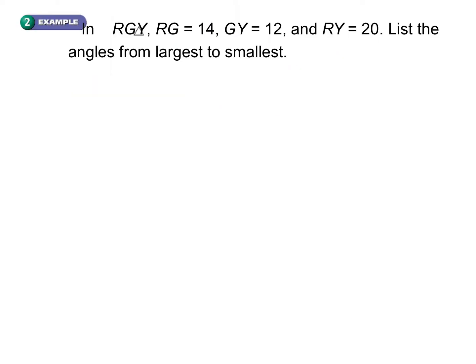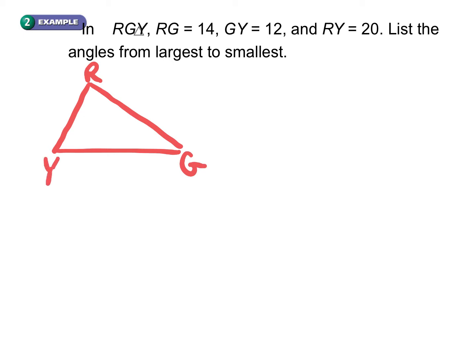So in this example, it says in triangle RGY, RG is 14, GY is 12, and RY is 20. List the angles from smallest to largest. So if I draw triangle RGY and I label RG is 14, GY is 12, and RY is 20, I first want to identify the largest side.